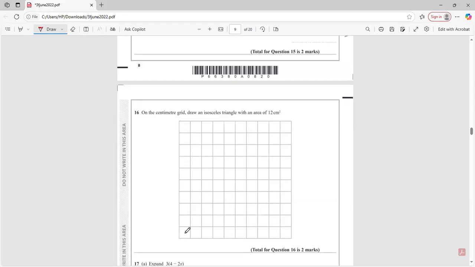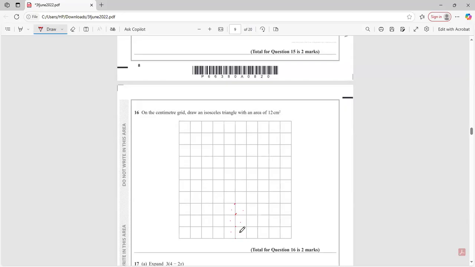So let me see if we do this. 1, 2, 3. Okay. So I have 1, 2, 3, 4, 5, 6.